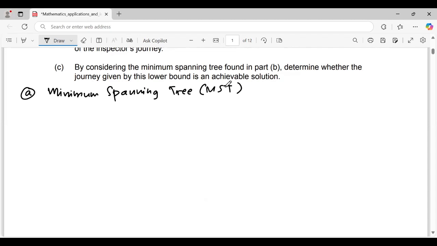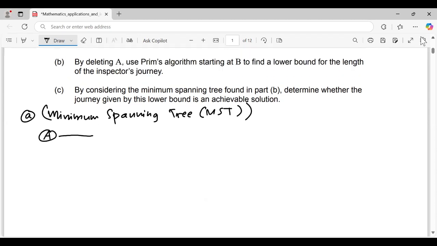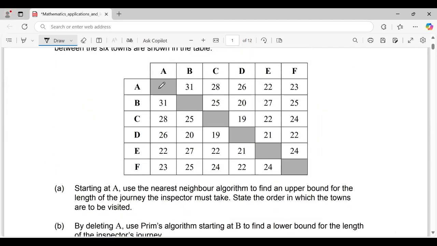So I would like to start this question part A with town A. And we're going to find the nearest town to A. Which town is nearest to A? It is town E, 22 kilometers.